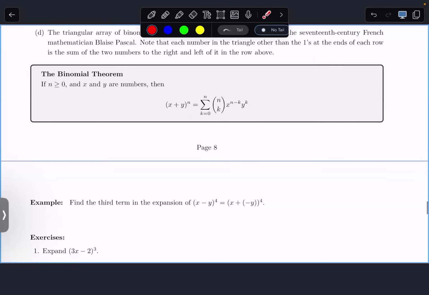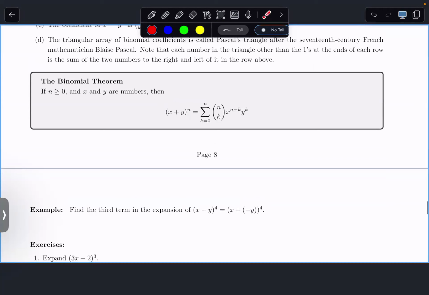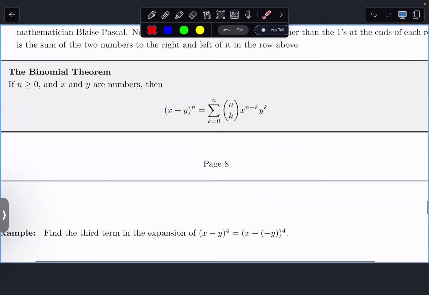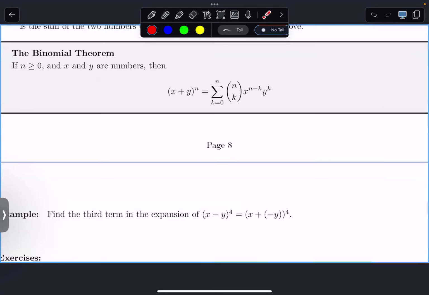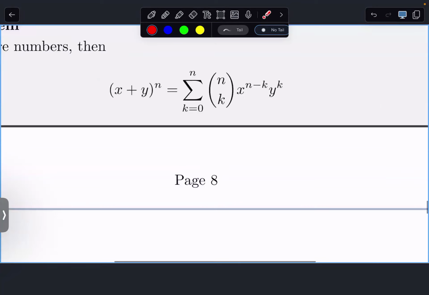But the binomial theorem I can get behind. So the binomial theorem, I just put it on here as a summary. If n is greater than or equal to 0, and x and y are numbers, so you can replace x and y with any numbers that you'd like, then x plus y to the power of n is the sum from k equals 0 to n of n choose k, times x to the n minus k times y to the k.